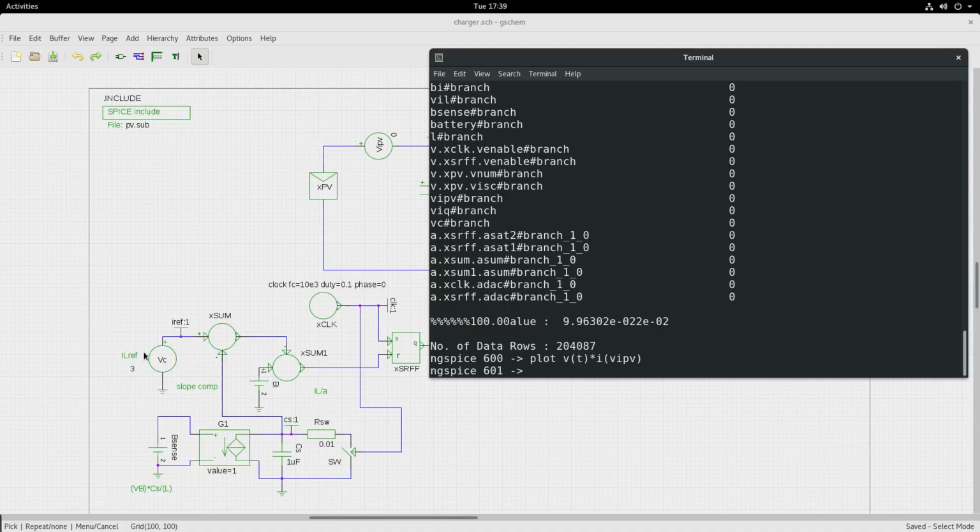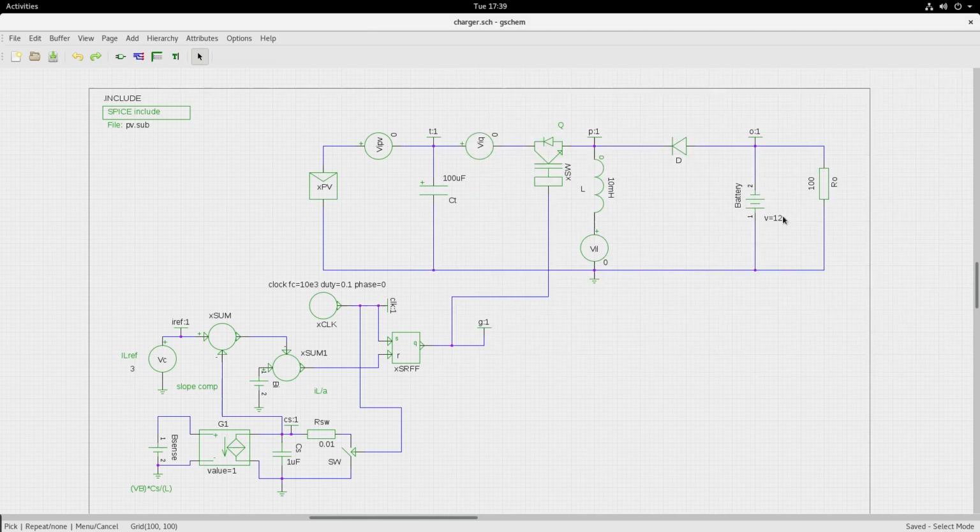Therefore you see that adjusting this ILREF value plays a role in deciding the amount of power that is being drawn from the PV panel, because the battery potential is more or less constant at around 12 volts.